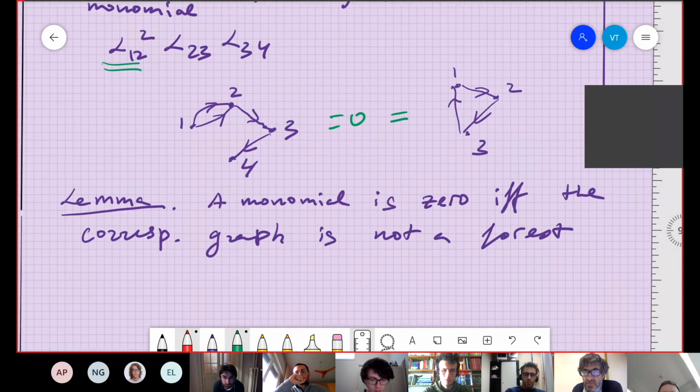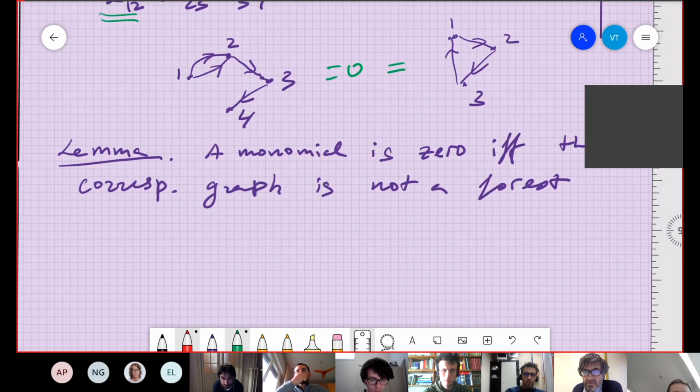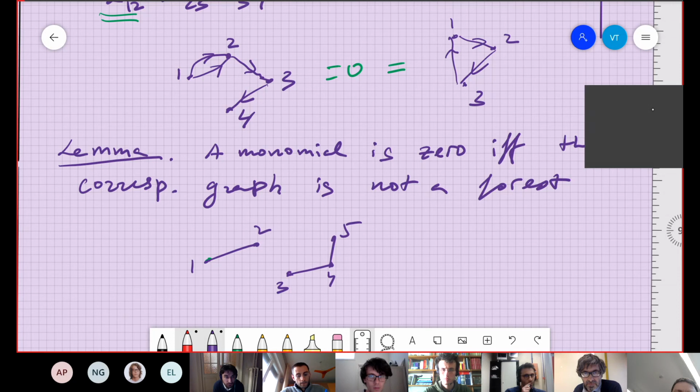And the monomials that are non-zero are always forests. It's going to look like this: we have 1, 2, then we have 3, 4, 5, 6. This would be an example of a monomial which is not 0.